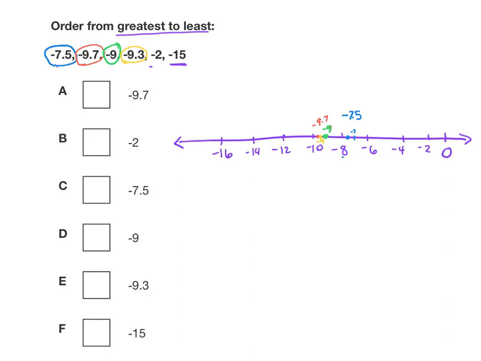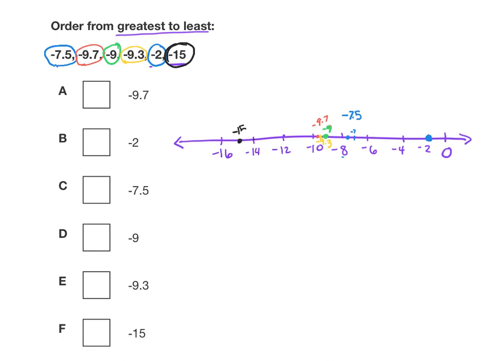So this would be negative 9.3 here. Then I have negative 2. So negative 2 I'll do in blue over here. That one's easy. And then a negative 15 I'll do in black. And that's between negative 14 and negative 16.